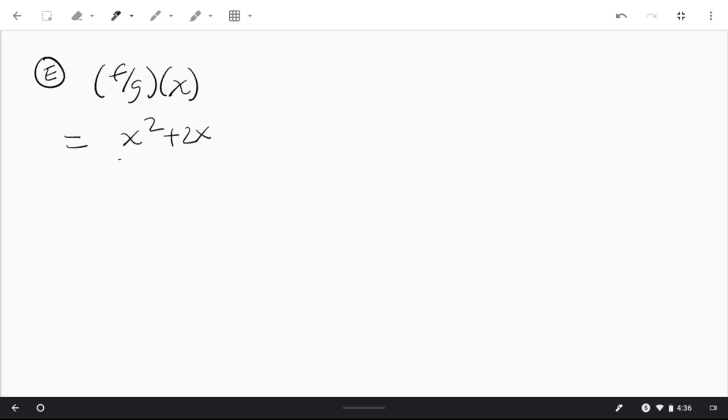No particular x to evaluate it for, so I am going to have x squared plus 2x in the numerator. That's my f function. My g function, 3x squared minus 1, will go in the denominator.